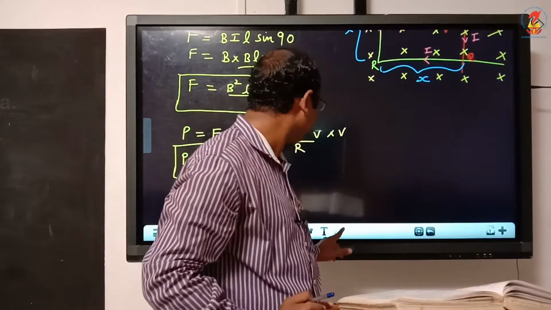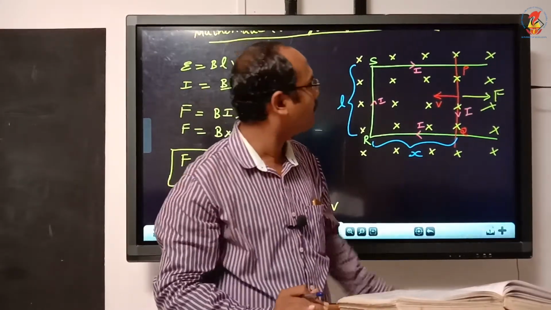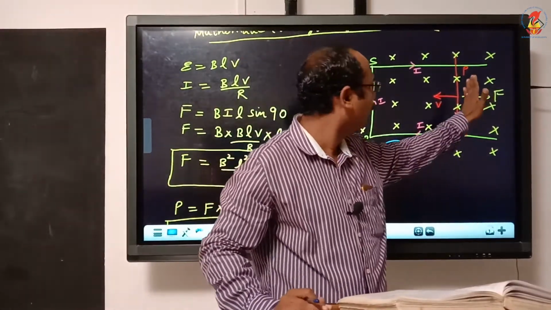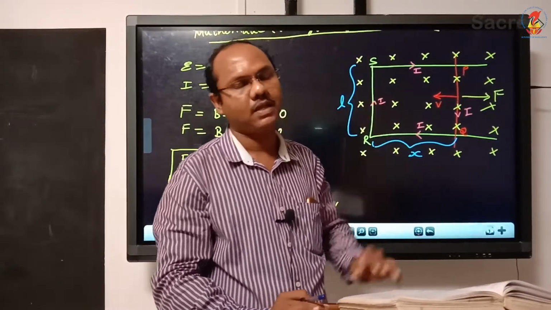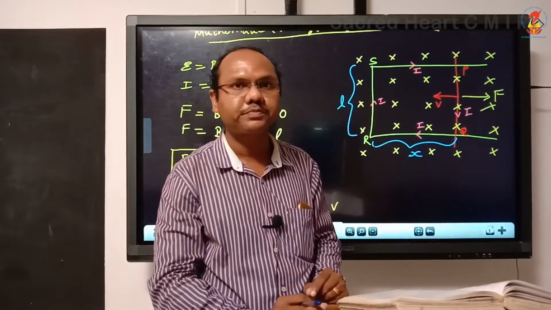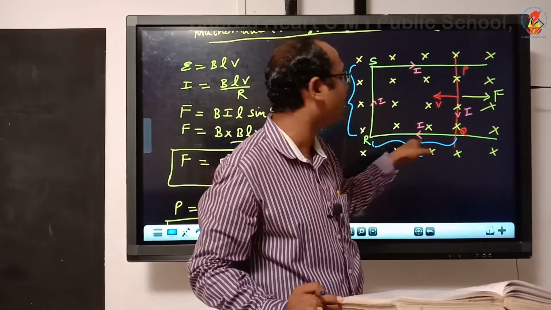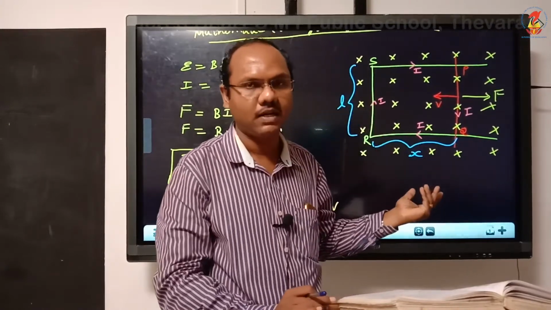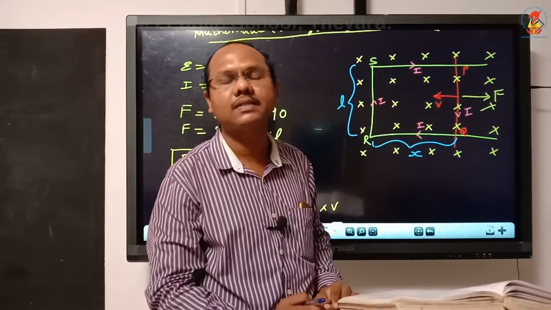So when I apply this mechanical power, this conductor PQ will move with the same constant velocity V. And as a result, induced current will be formed. This induced current will circulate only in the loop PQRS. It cannot go out anywhere. The induced current will circulate around the loop PQRS.